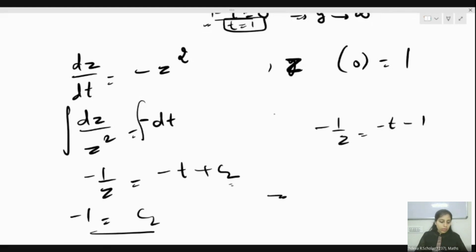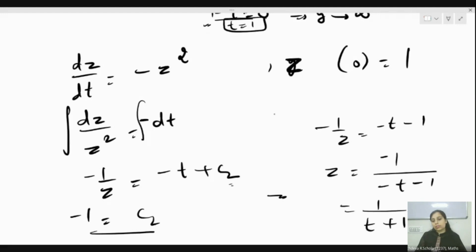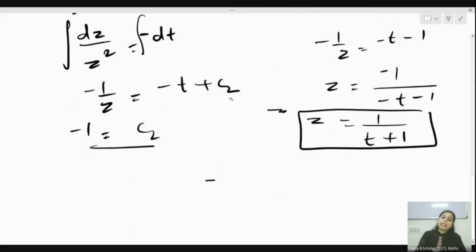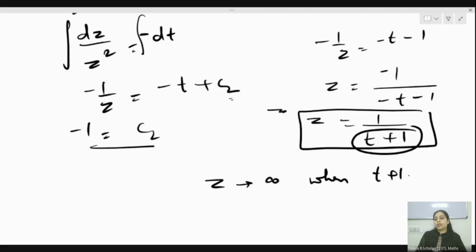So here we get z is equal to 1 upon minus t minus 1, with negative sign, and here we get 1 upon t plus 1. So this is z here. From here we can see that z tends to infinity when this becomes 0, when t plus 1 is equal to 0, t is equal to minus 1.